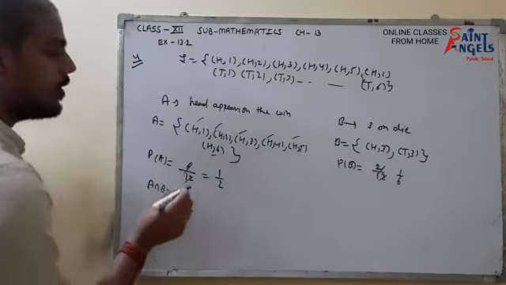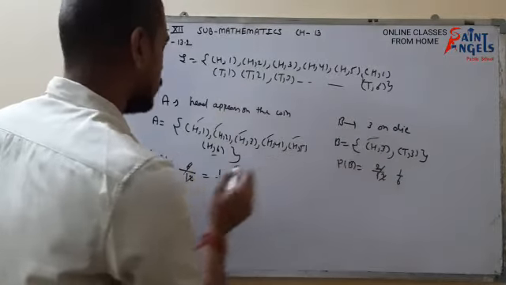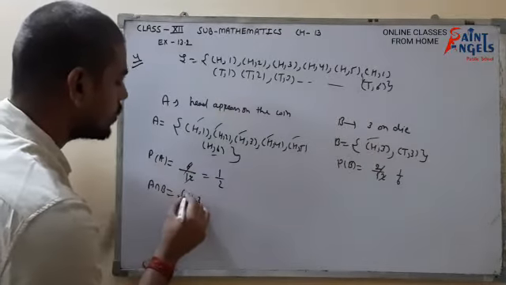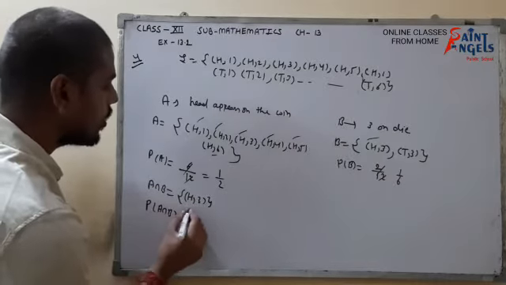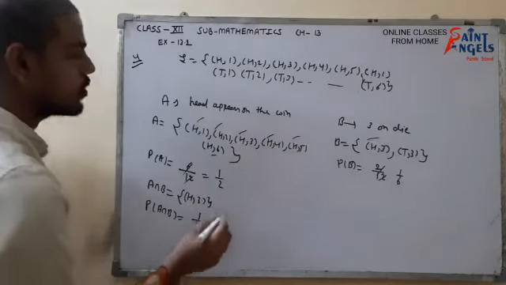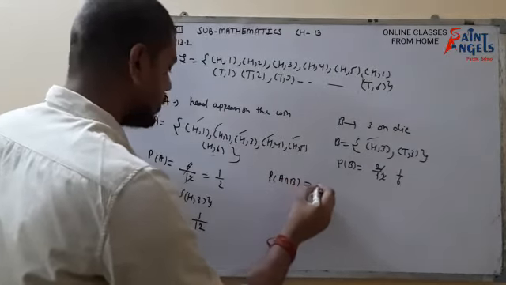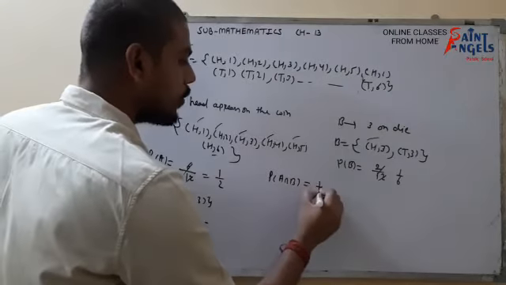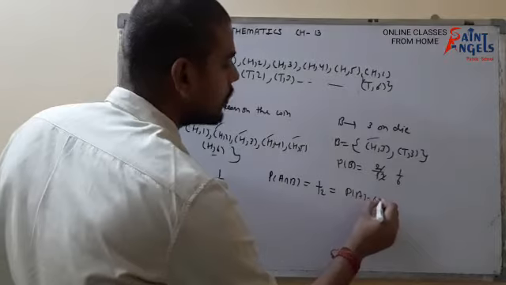Now find A intersection B. What is common between them? Only one term is common, that is H comma 3. So probability of A intersection B would be one element only, 1 by 12, which should equal P(A) dot P(B).